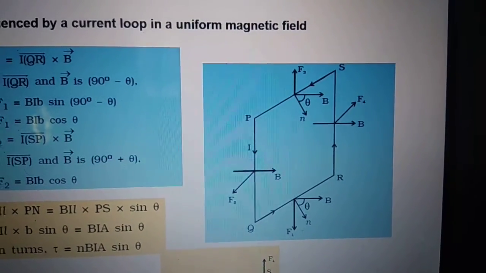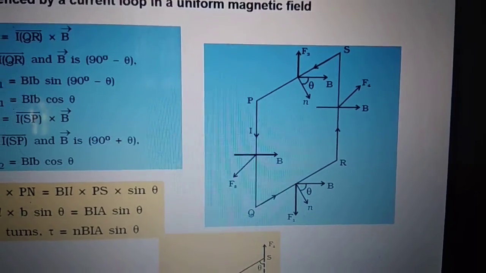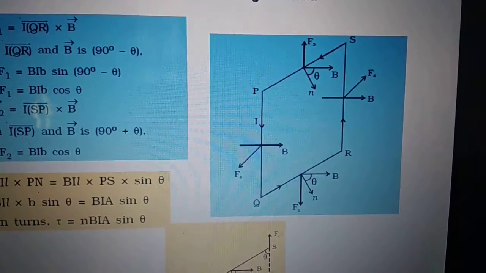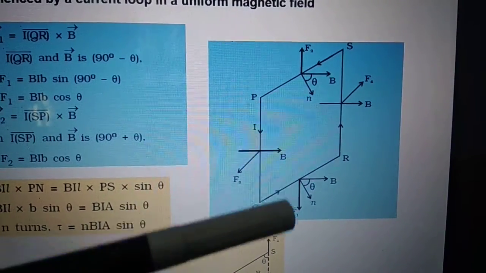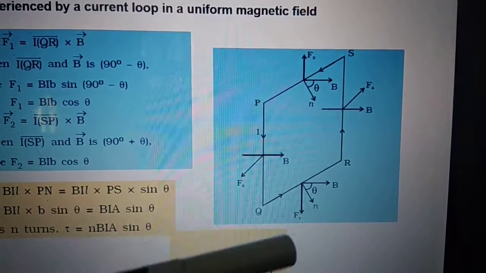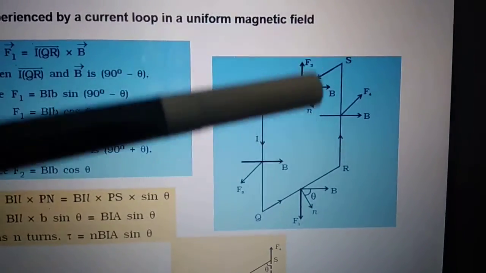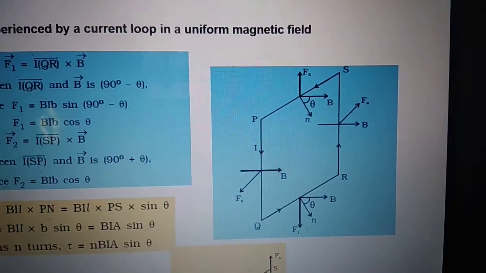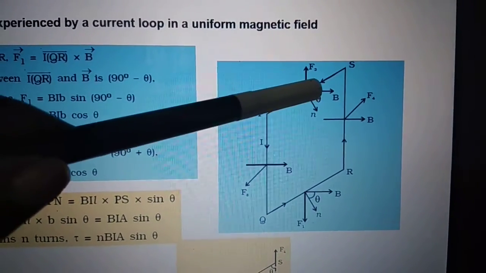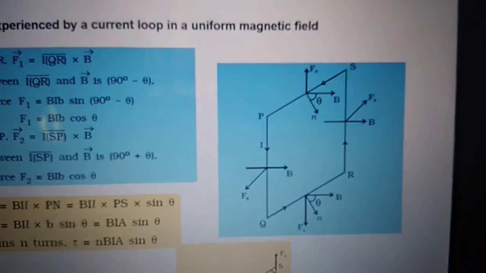But now I have to calculate the vector sum of all these four forces which act on this loop. But when I notice this, F1 and F2, they are equal in magnitude, but they are exactly opposite to each other. Since they are exactly opposite to each other, the net force on this arm and this arm will be equal to 0.